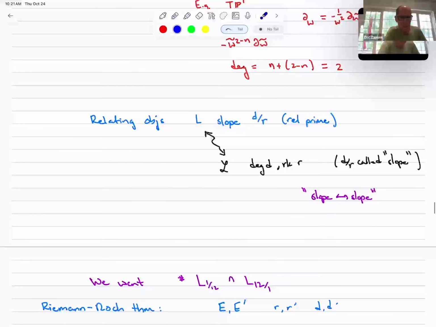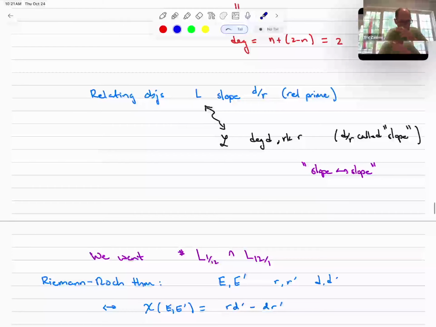So the Riemann-Roch theorem, which I won't prove, is a way to calculate the dimension of this Hom space between two objects of rank r and degree d, and another object e prime of rank r prime and degree d prime. And the answer is r d prime minus d r prime.